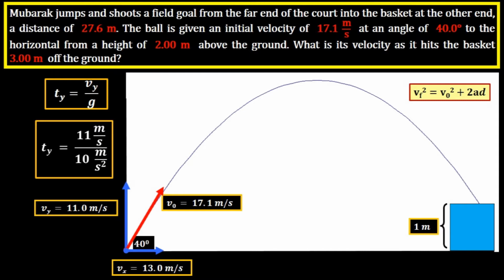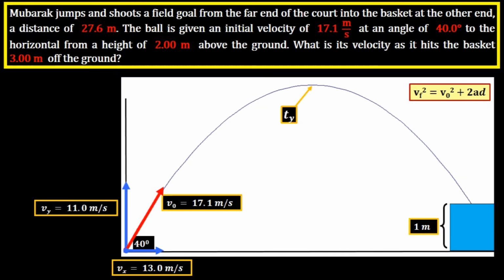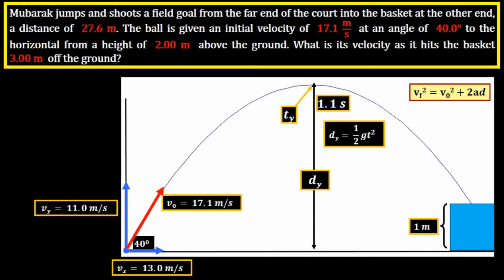So dy is going to be 5 ty squared, or 5 times 1.1 squared. That's ty, which is 1.1 seconds, as I've said. And dy, which is 5 ty squared, is 6.05 meters. Here's how I do that.